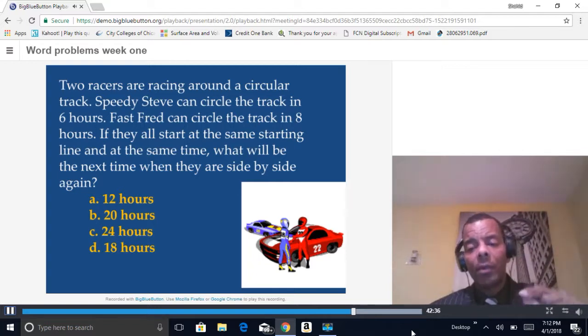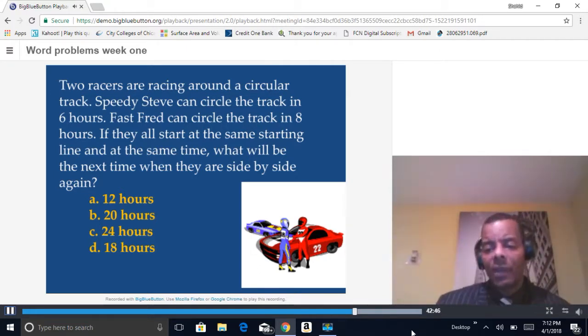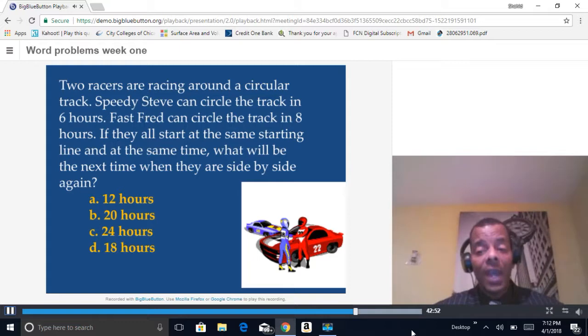So remember, one is going around every 6 hours. Every 6 hours, they complete a circle, while the other one is completing a circle every 8. So every 6 and every 8 should remind you of something powerful in mathematics called multiples.